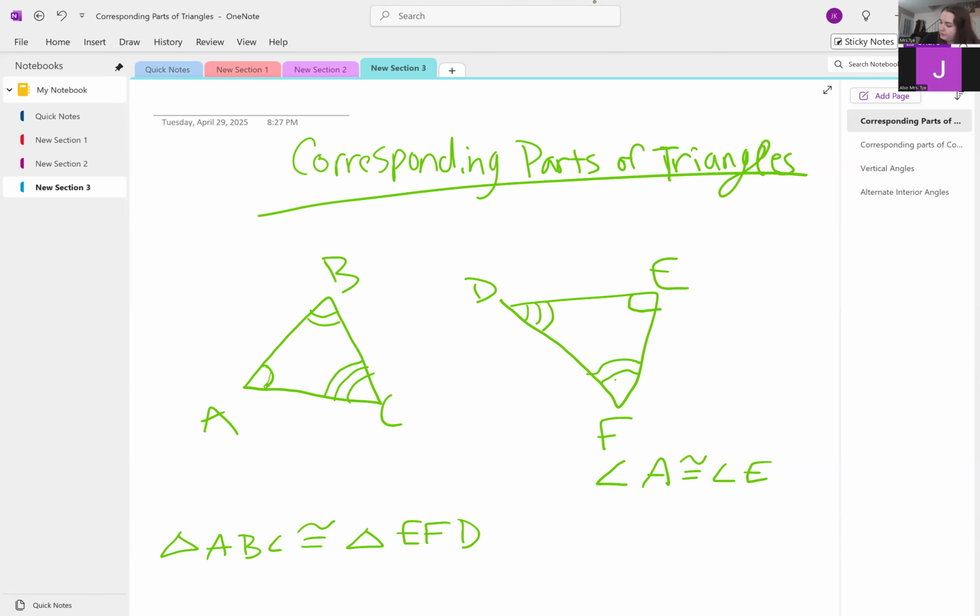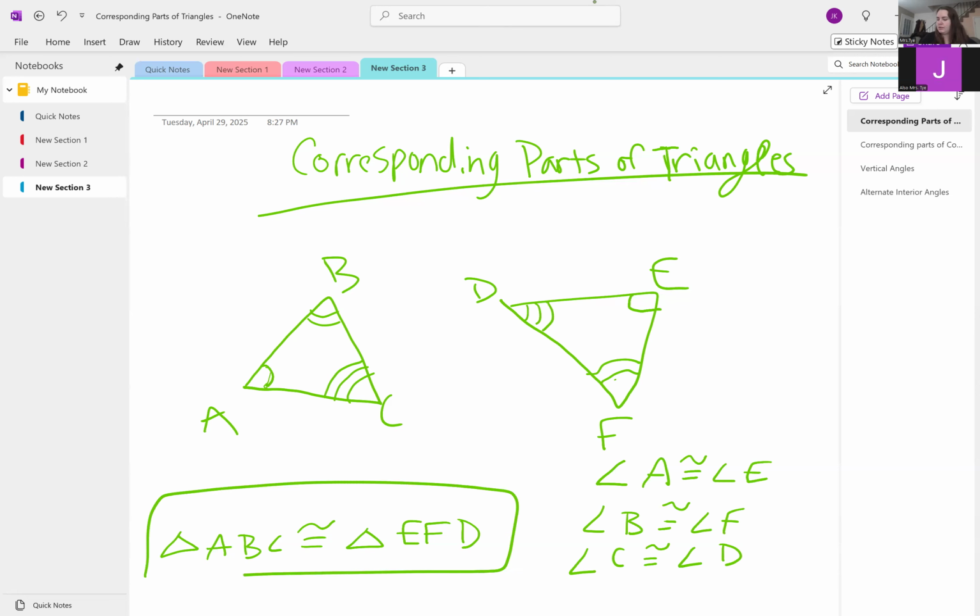Angle B is congruent to angle F, and angle C is congruent to angle D. And we could tell that even if we were just looking at this congruency statement because they are in order of which ones are congruent to which.